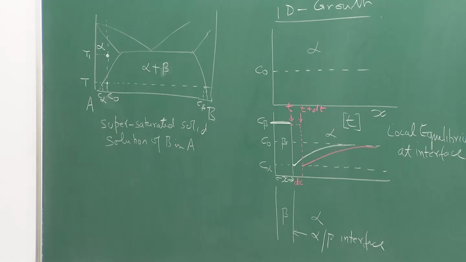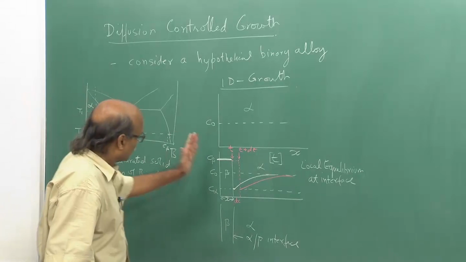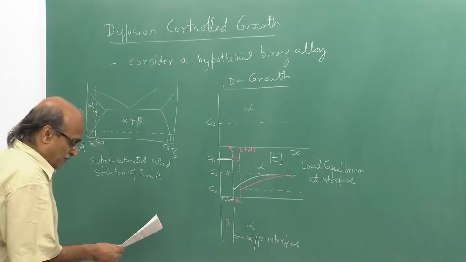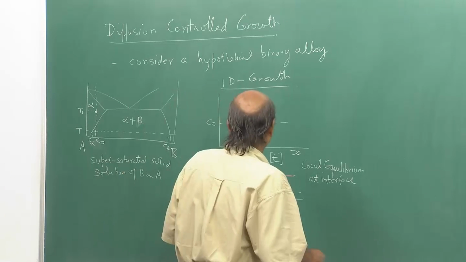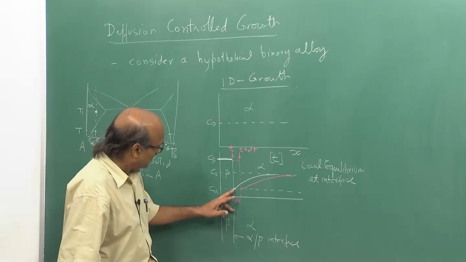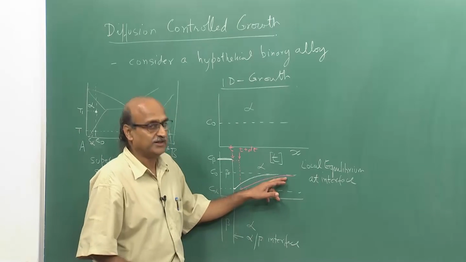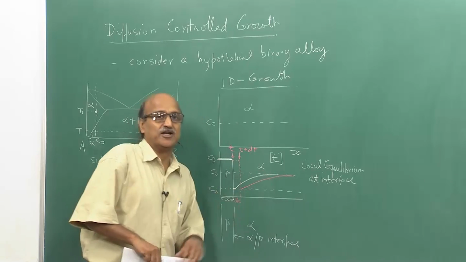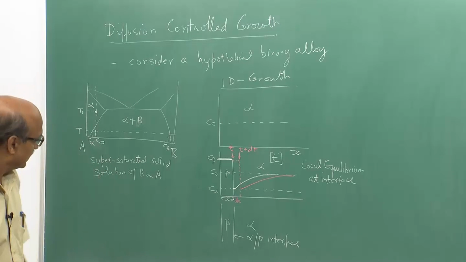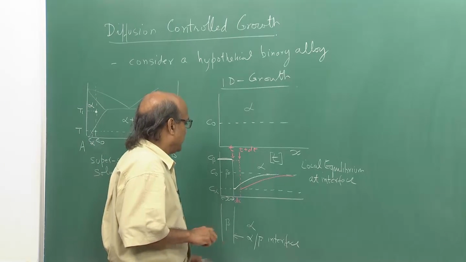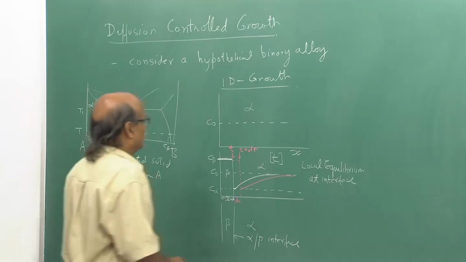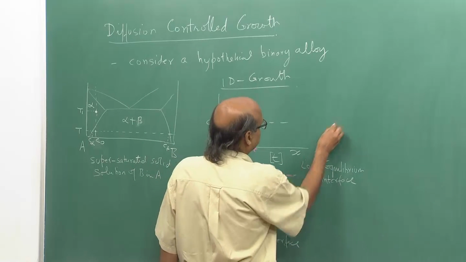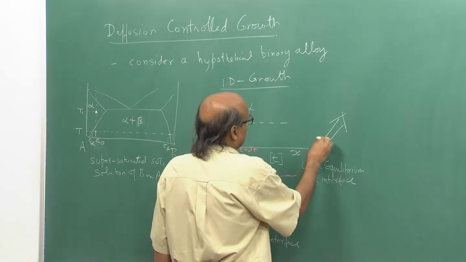Now, in order to solve this in a simplistic manner, just to show what the growth kinetics is, we make a small simplification. Instead of assuming a curved profile like this, which actually is given by a complex function called the error function, we assume this profile to be a straight line. So, let me redraw this picture.